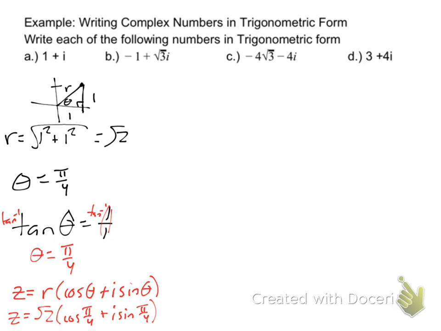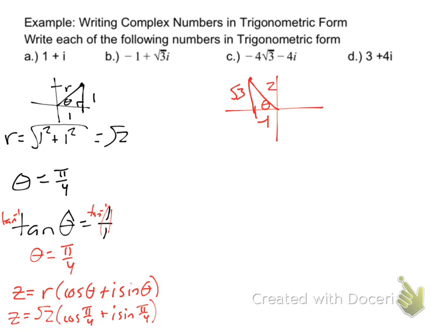Part B, guys, same thing. Now you're going back 1, up square root of 3, right? So it's square root of 3, it's negative 1. Using Pythagorean theorem, what's square root of 3 squared plus negative 1 squared? Square root 2.